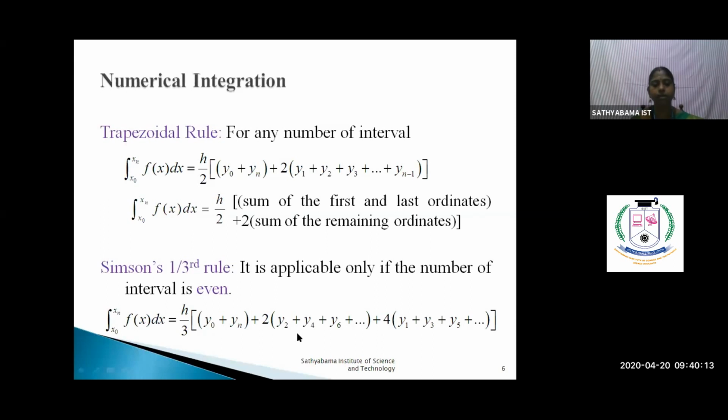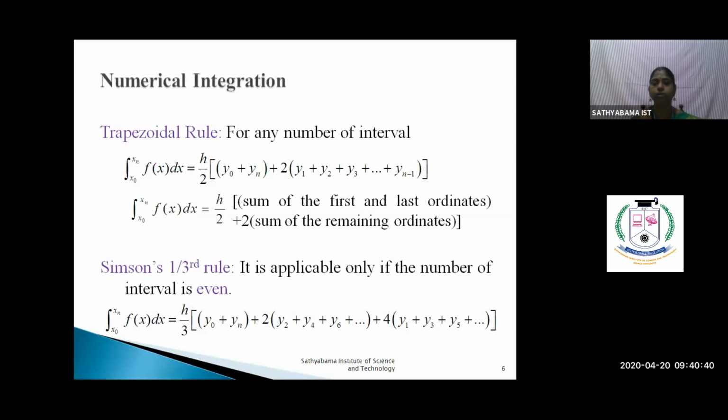The second term is 2 times of [y2, y4, y6 plus etc.]. So even suffixes are taken, even suffixes of y values. And plus 4 times of [y1 plus y3 plus y5 plus etc.]. Odd suffixes of y's are taken in this formula. So that is my Simpson's 1/3 rule.